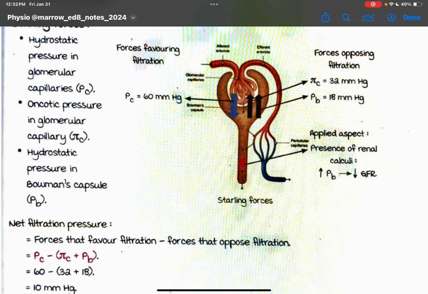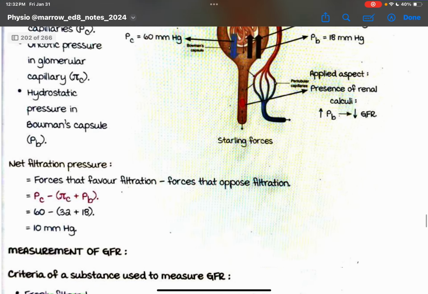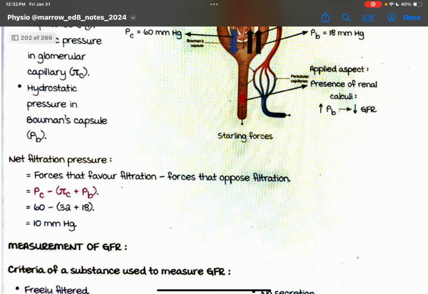Applied aspect: in the presence of renal calculi, the hydrostatic pressure of Bowman's capsule is increased, and there is a decrease in GFR. Net filtration pressure is the forces that favor filtration minus the forces that oppose filtration.